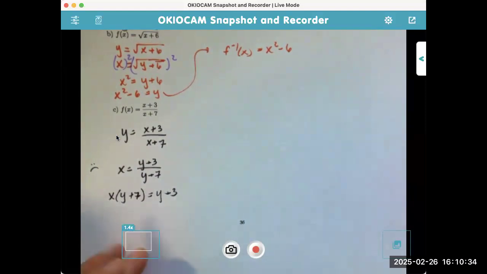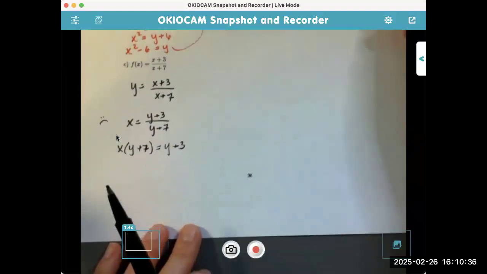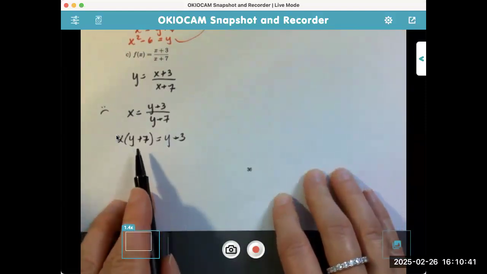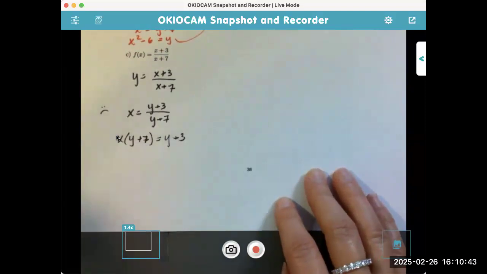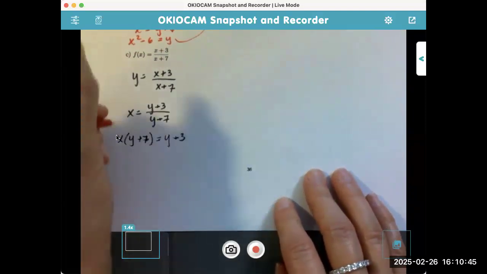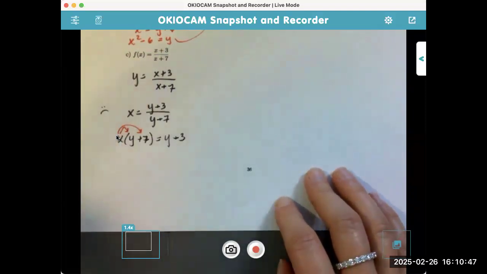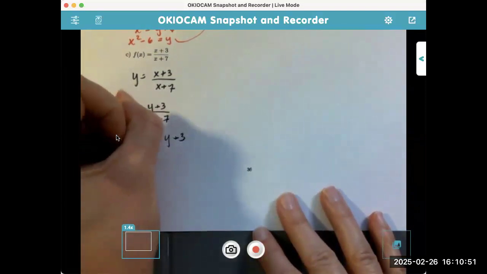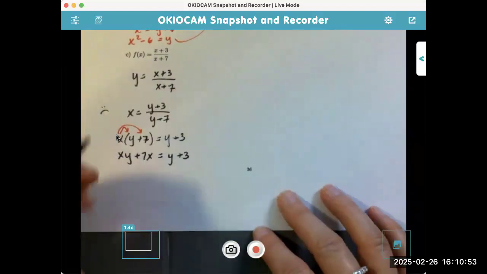All right, now the next thing we have going on is that this y is now in jail. But do we know how to get it out of jail? Yes. If we distribute the x, then those parentheses can drop. Perfect. Okay.